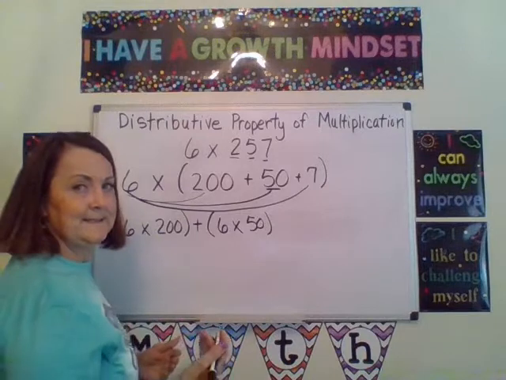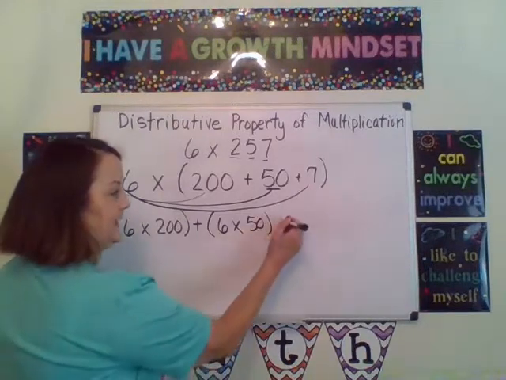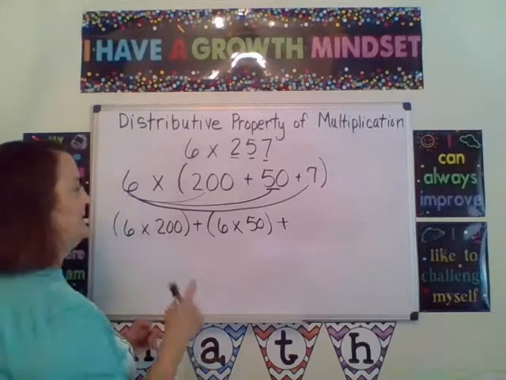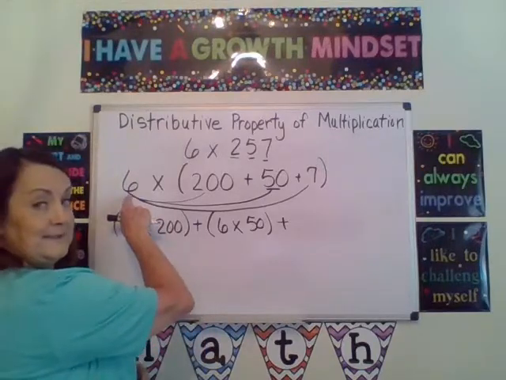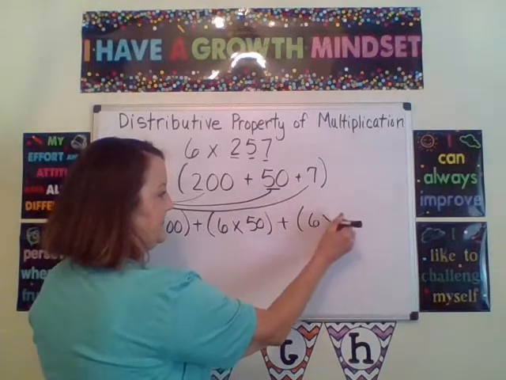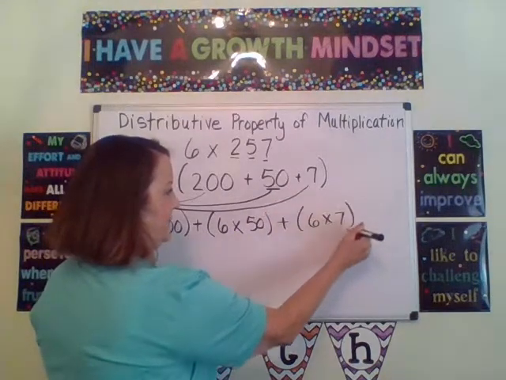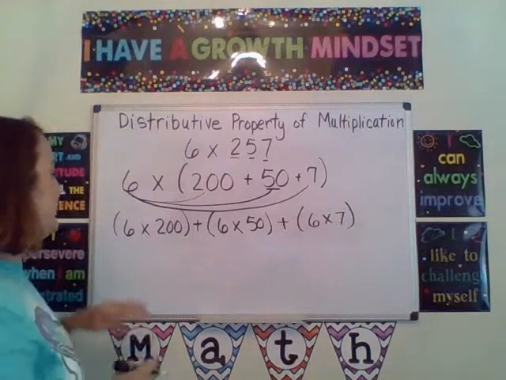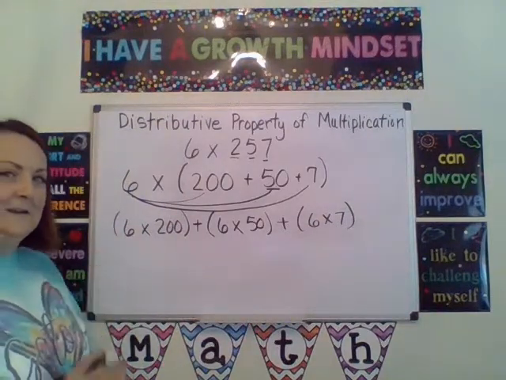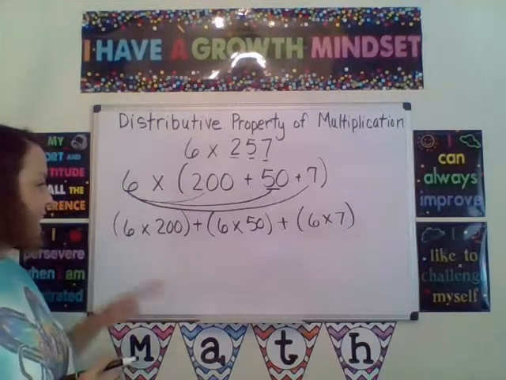Close parentheses. And what symbol do we need here? The plus sign. And the last step is we're going to multiply the factor 6 times the value of the ones place. 6 times 7. All right. So once you've done that, we have a couple more steps.